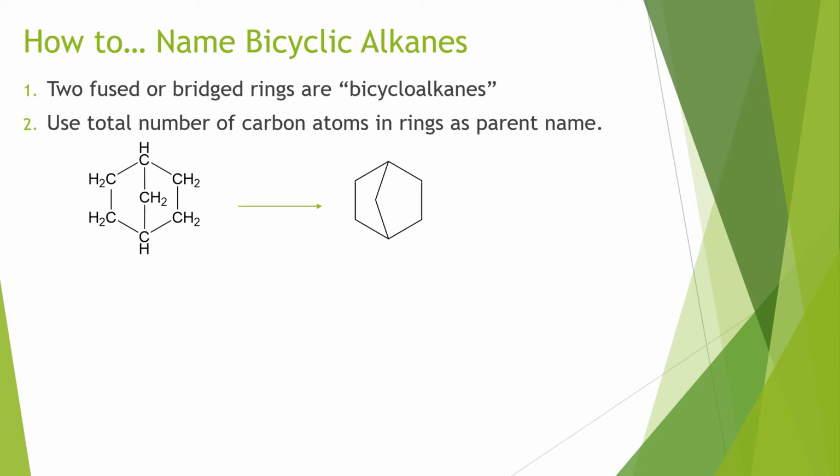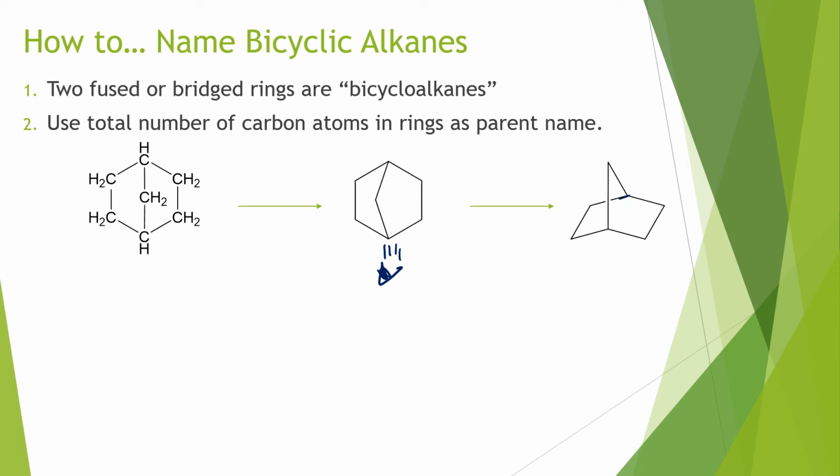And the way that you would draw this in a skeletal form is like this. So you can see, you can look at this as a 6-membered ring with a 1-carbon bridge between opposite carbons. And you can also look at it from the side. So imagine that your eyeballs are looking at this from this angle.